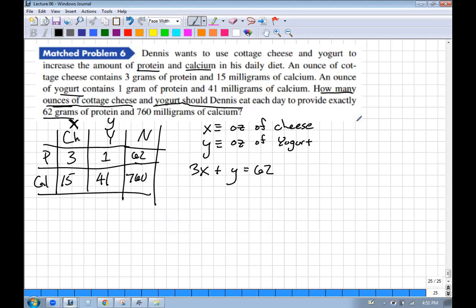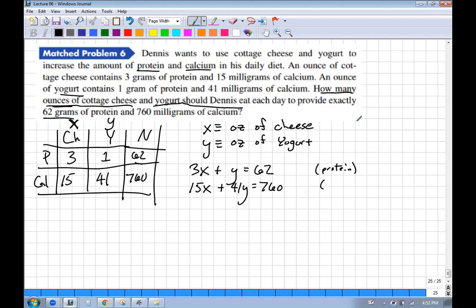So this is my protein. And now for calcium, I get 15 milligrams of calcium for every ounce of cheese, and I get 41 milligrams of calcium for every ounce of yogurt, and I need a total of 760.